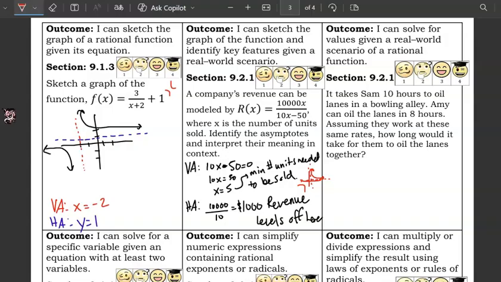Outcome: I can solve for values given a real-world scenario of a rational function. It takes Sam 10 hours to oil lanes in a bowling alley. Amy can oil the lanes in 8 hours. Assuming they work at these same rates, how long would it take for them to oil the lanes together?